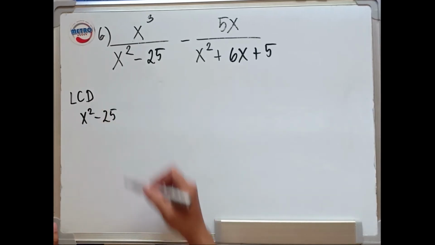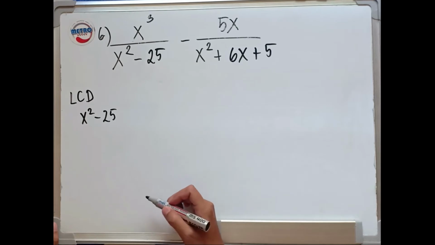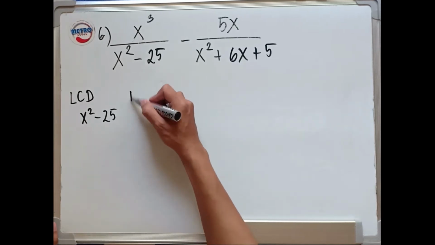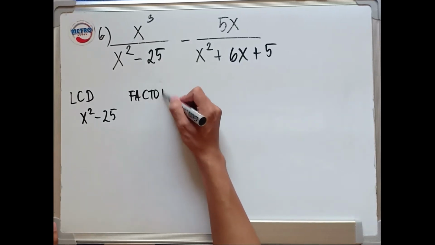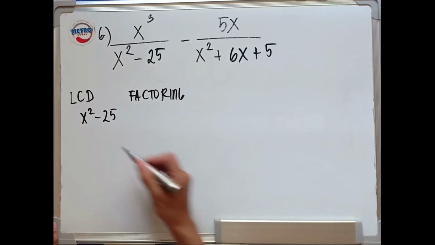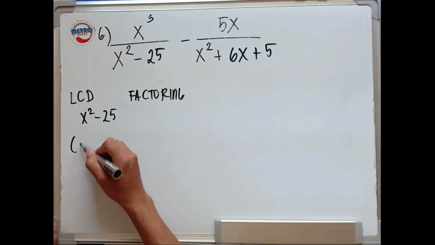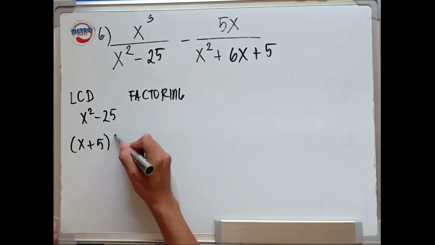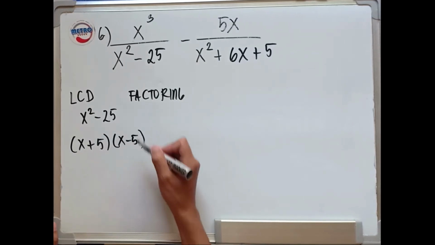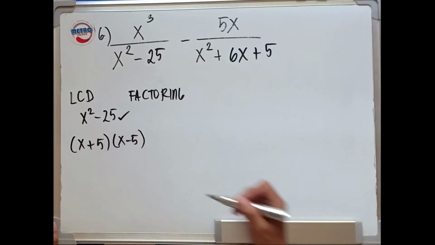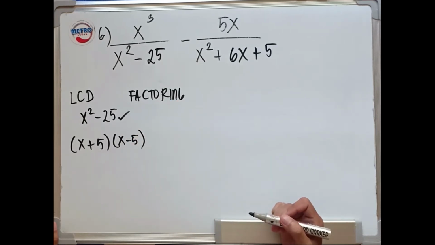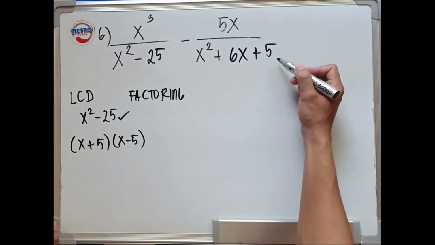To get the LCD of these two denominators, we need to perform factoring. So the factors of x squared minus 25 are x plus 5 and x minus 5. If you notice, this one is an example of difference of two squares. Then, now let's have x squared plus 6x plus 5.